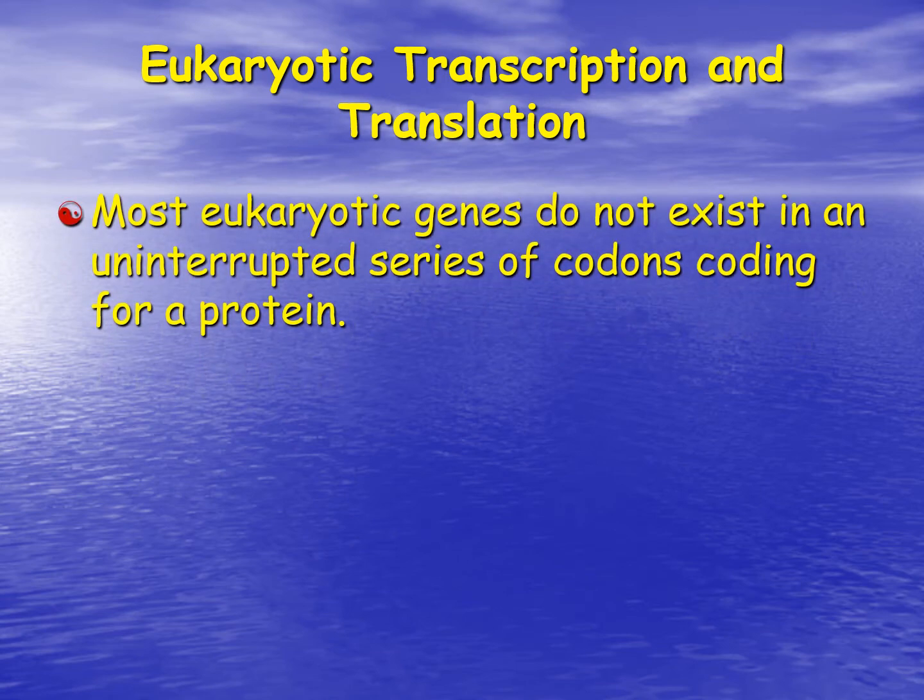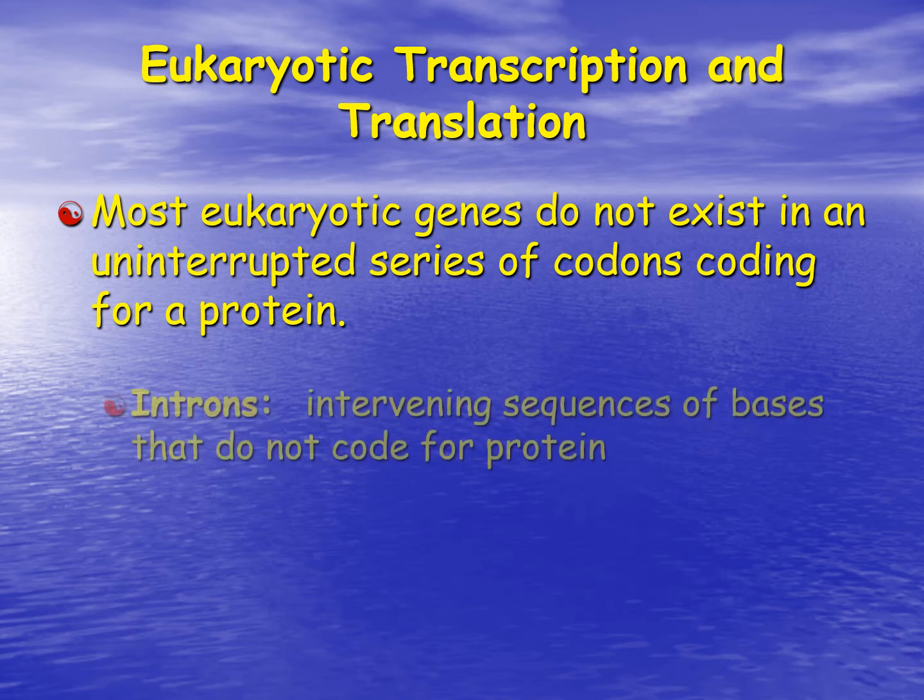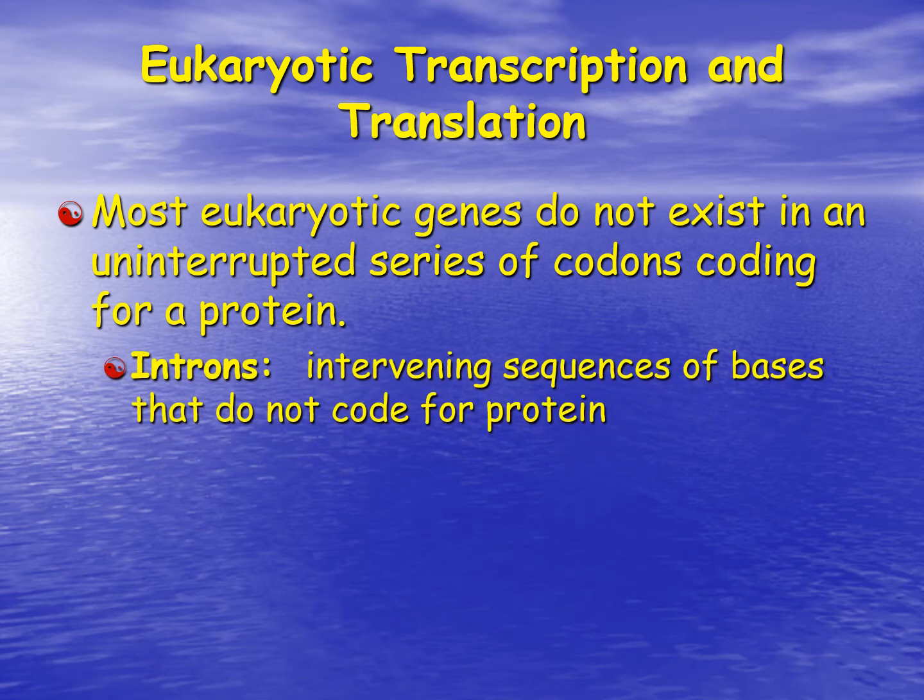Most eukaryotic genes do not exist in an uninterrupted series of codons coding for a protein. They have some interspersed DNA that is a non-coding portion of the code, and these are actually known as introns. Here's the way you can remember this. Introns will stay in the nucleus after the messenger RNA is processed.